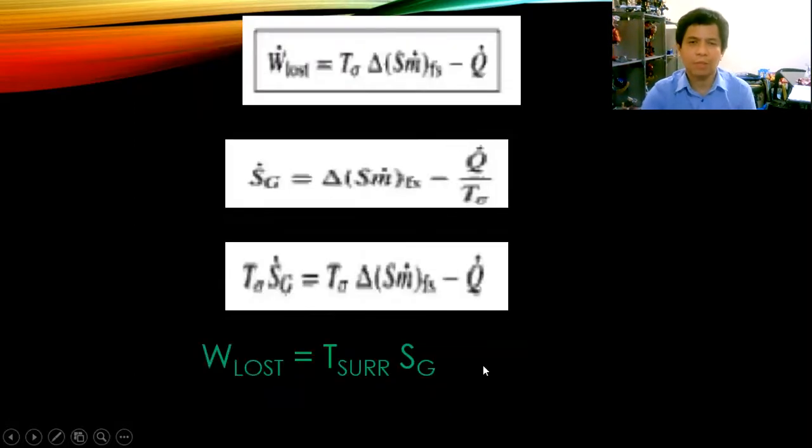Let's continue our derivation. Since W loss is equal to this one, we derived this from the last equation. And then we have this equation for SG. SG is equal to delta S M dot Fs minus Q dot divided by T surrounding. So we're going to combine these two.